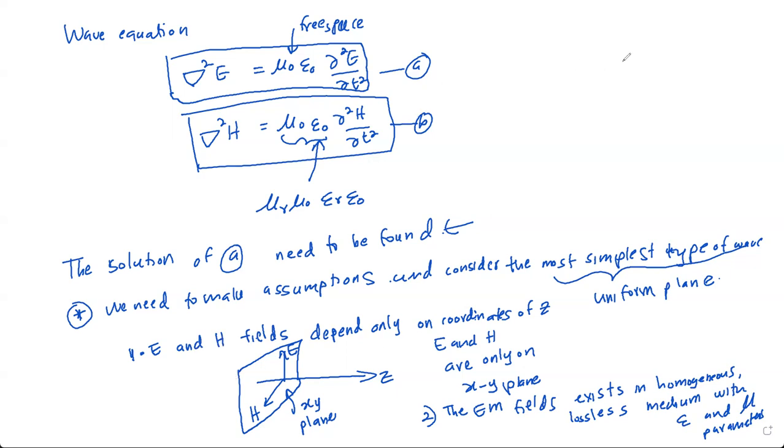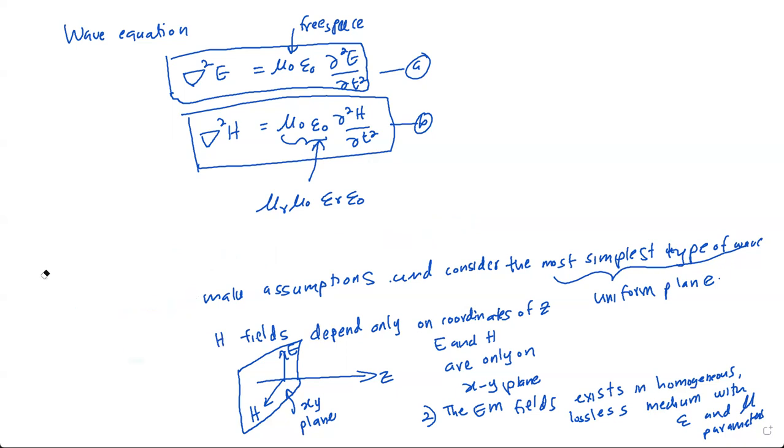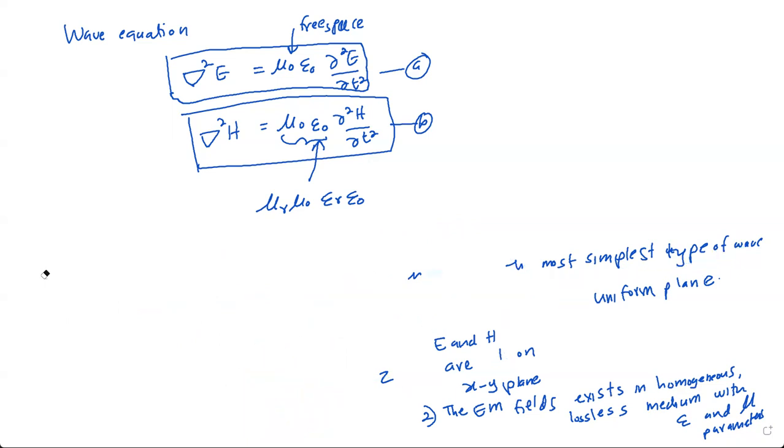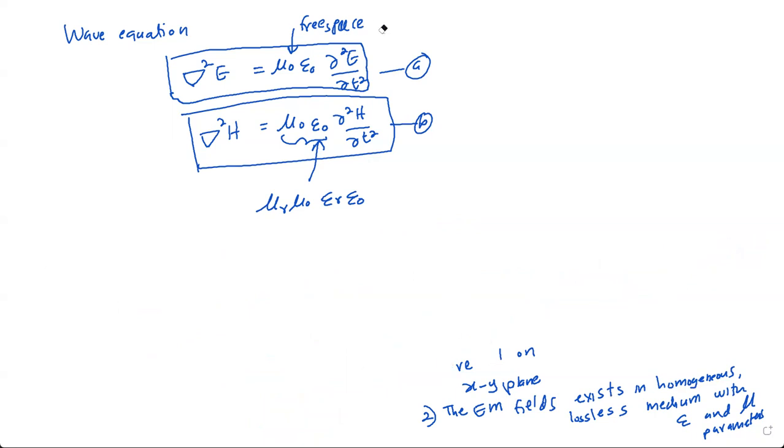So now we are going to simplify the equation given by A, which is the equation of the electric field that propagates as a wave. The electric field is propagating as a wave, and it is shown using these equations.